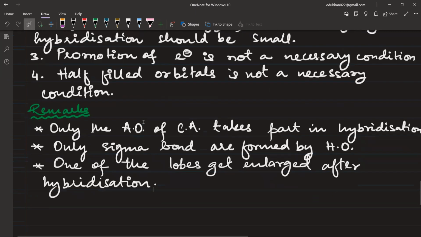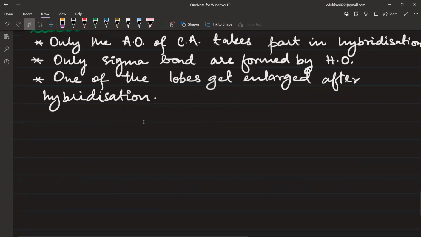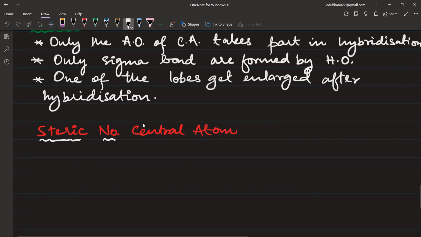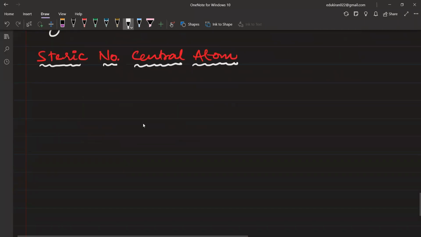Okay. Now, after this, there is a concept known as steric number. Even though it is not explicitly there in your NCERT, it is very important and very useful if you want to understand both hybridization and the valence shell electron pair repulsion theory. Steric number of the central atom is very simple.